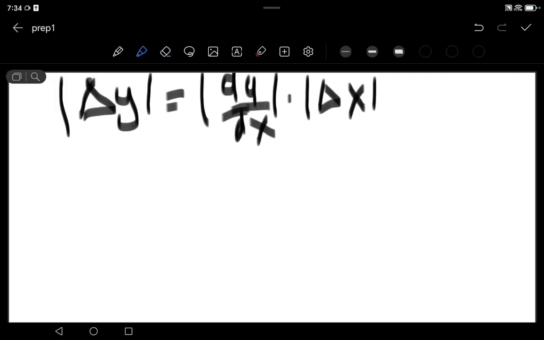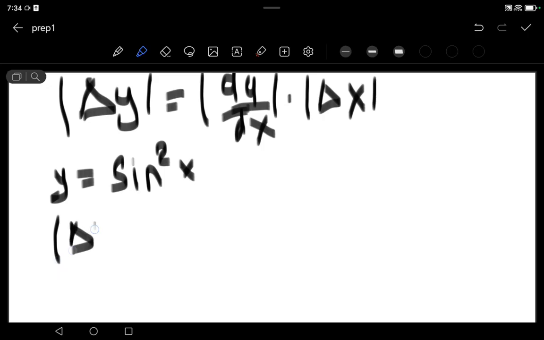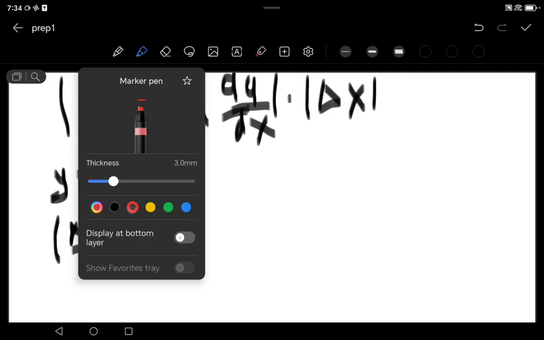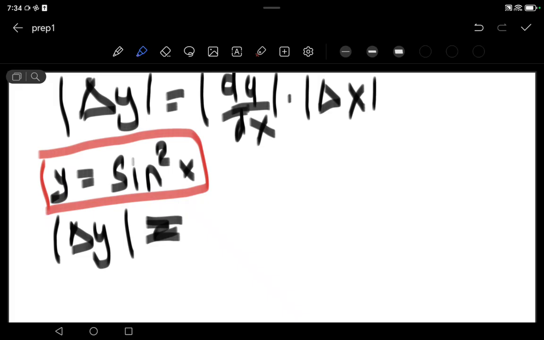Remember our function is sine squared x, and we want to substitute in this equation. dy over dx is the derivative of this function. So what is the derivative of sine squared x?